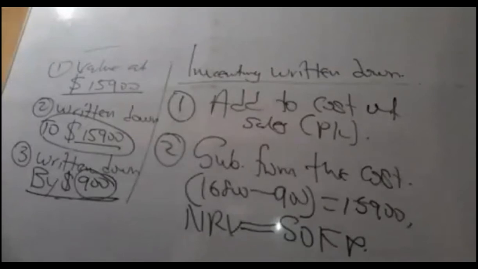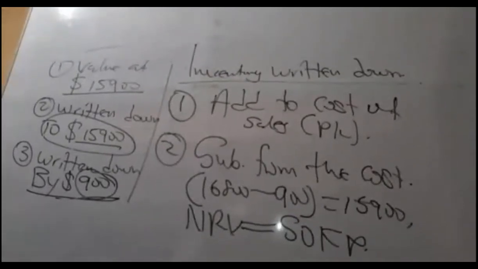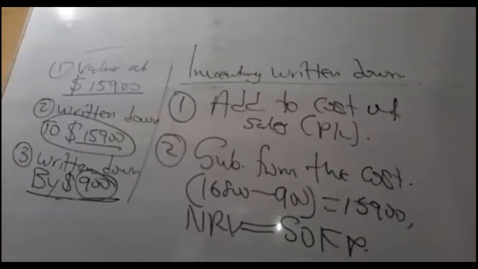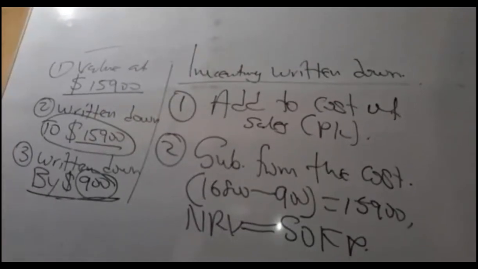So let's see. First, damaged goods or outdated goods. Assume that you are selling goods that are not in good shape. Accident cars. Look at the price of accident cars, sometimes far below the cost.